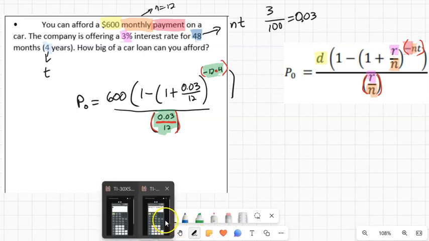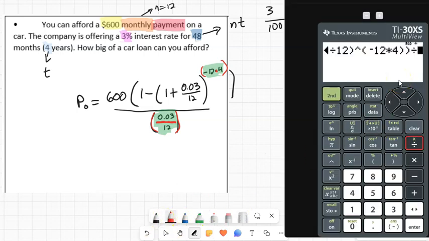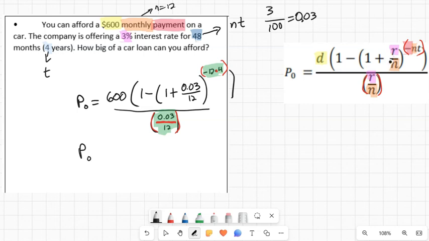Okay, back to the calculator. Divide by parenthesis, 0.03 divided by 12, close parenthesis, equals. A lot of work, $27,107, and we round to the nearest penny, and 0.216 changes to 0.22. So the initial value, that's the initial draw you can make from the bank, is $27,107.22.